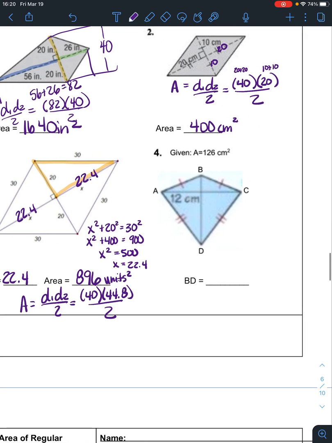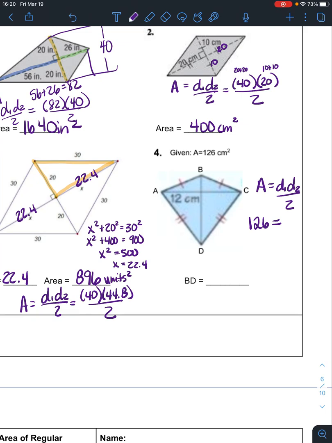Okay, now on the last one, notice I've given you the area. That means we need to use the equation, right? Area is equal to diagonal 1 times diagonal 2 over 2. So we're going to write down what we need so that we can go find it. The area that I have is 126. So I'm going to replace the A with 126 equals diagonal 1 times diagonal 2.